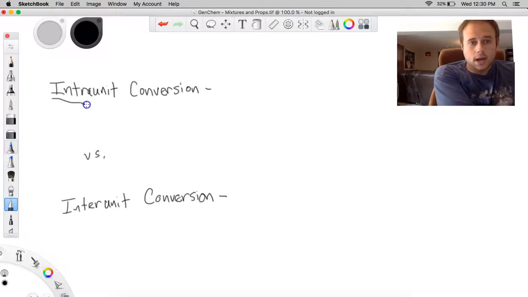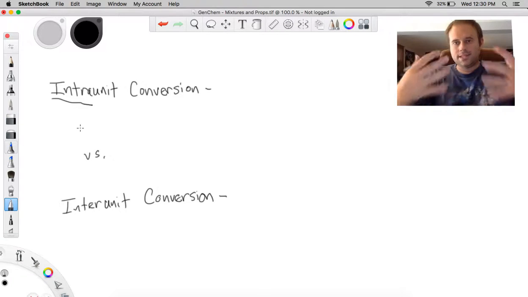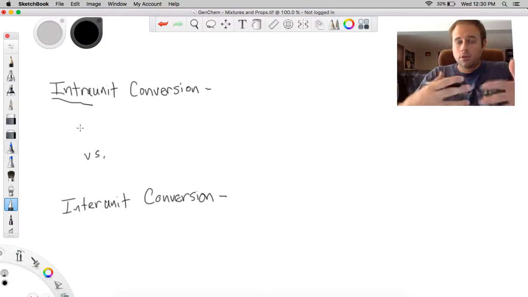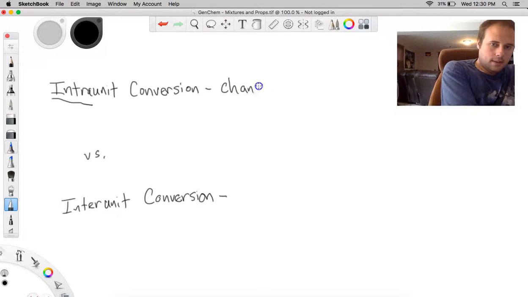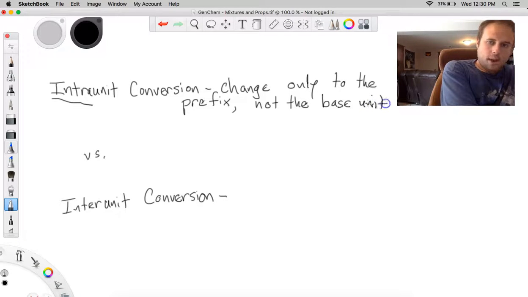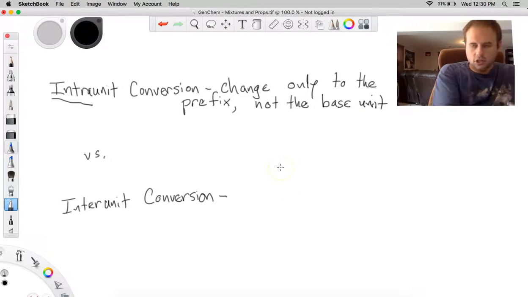Intra means within the same, within self. So intra unit conversion is going to be specifically talking about when I want changes only to the prefix, not the base unit. What does that mean? That means whatever my base unit is, I don't want to change the base unit.